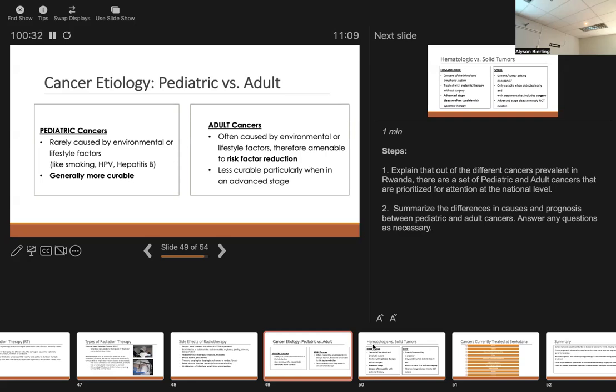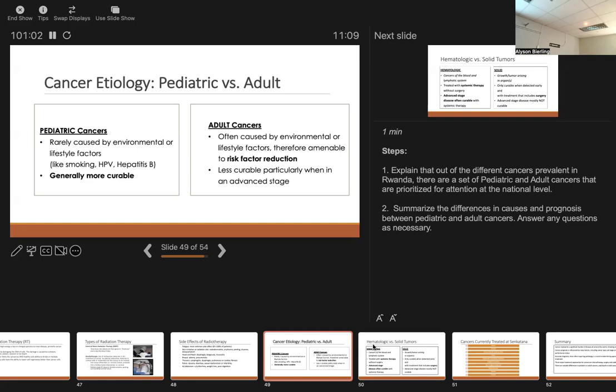So most pediatric cancers, if patients have access to the best practice treatment, they will achieve cure. And then adult cancers are more often caused by environmental or lifestyle factors. And typically they're less curable, particularly when in advanced stage.